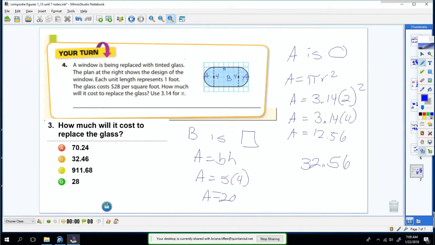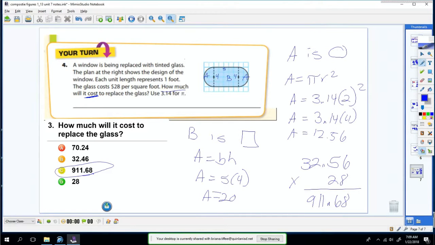But that's not what it's looking for. It says how much will it cost. This is not the cost of it. This is how much the area is. So then you got to take the area and multiply it by 28, and you get $911.68. So the answer is C.